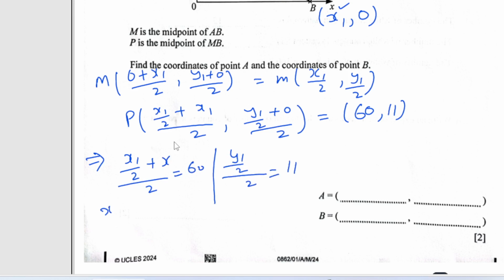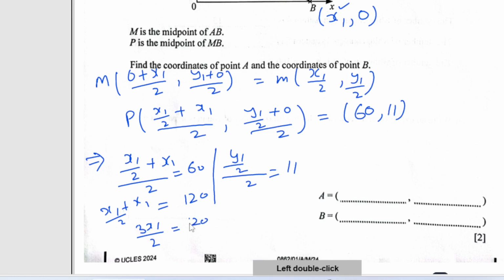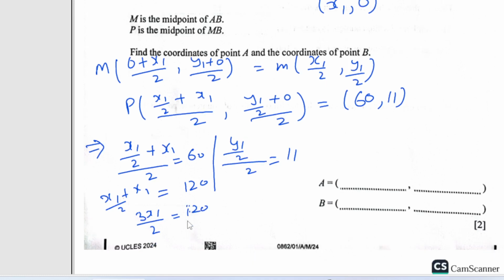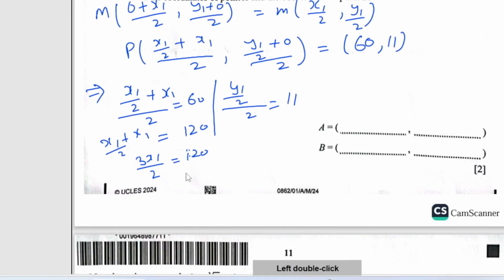So from here, x1 over 2 plus x1, sorry, this is also x1, this is going to be 120. So this will be 2 plus 1, 3, x1 over 2 will be 120. Okay. So from here x1 is going to be 120 times 2 over 3, 3 times 4, so x1 is 80.